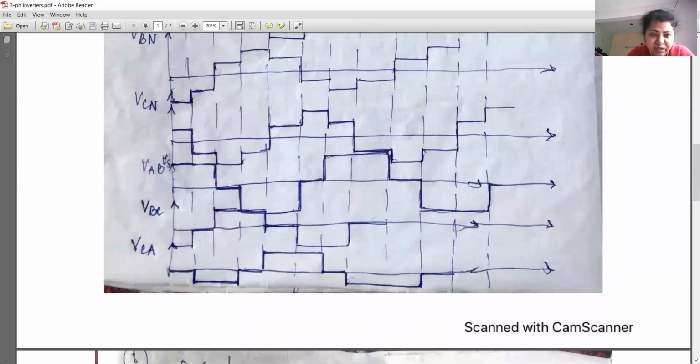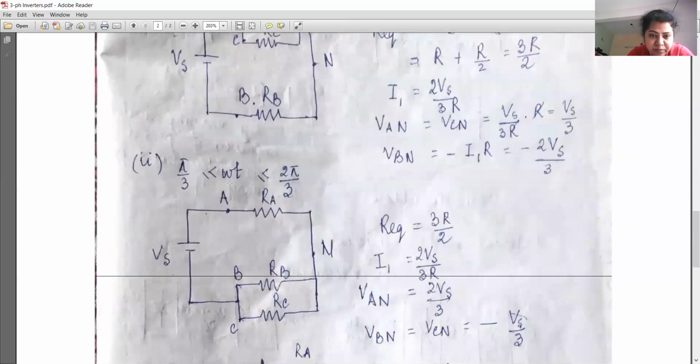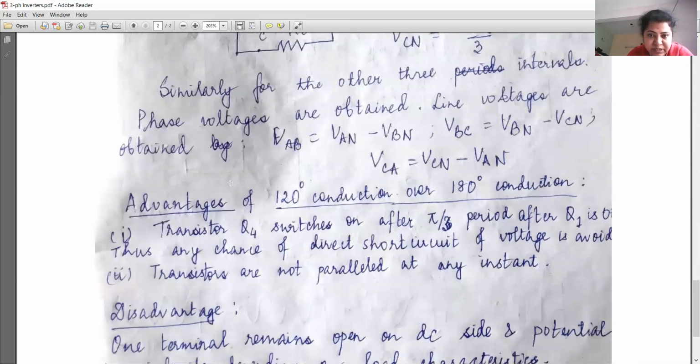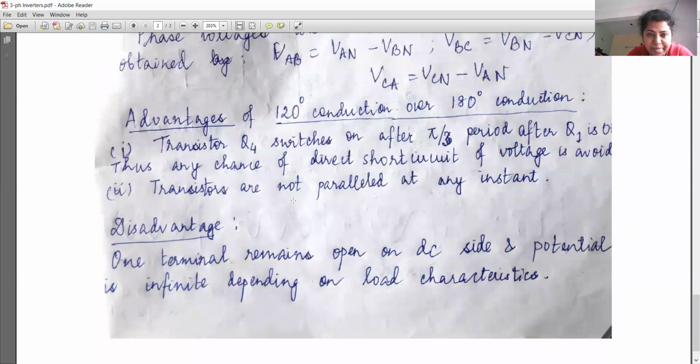So in order to avoid this, 120 degree conduction is advantageous over 180 degree conduction in this particular case. So transistor Q4 switches on after a pi by 3 period after Q1 is off. Thus any chance of direct short circuit of voltage is avoided in case of 120 degree conduction.